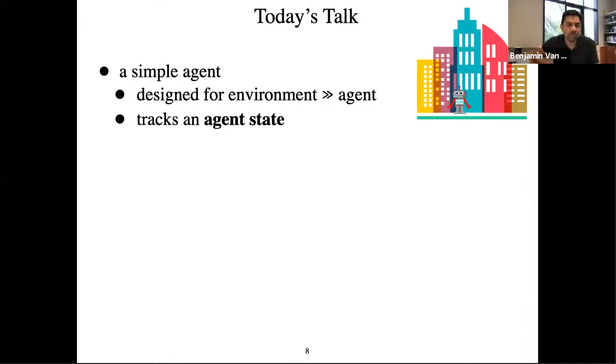And this agent maintains bounded memory and per time step computation through tracking an agent state. Agent state really offers a simplifying lens into the complex environment and allows the agent to operate in this bounded way.